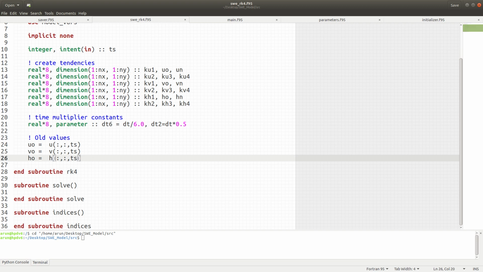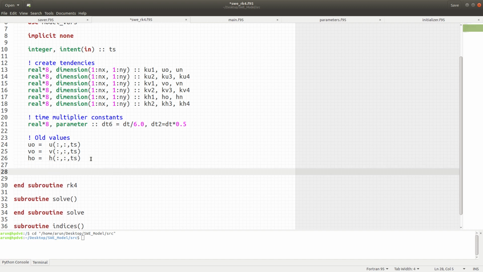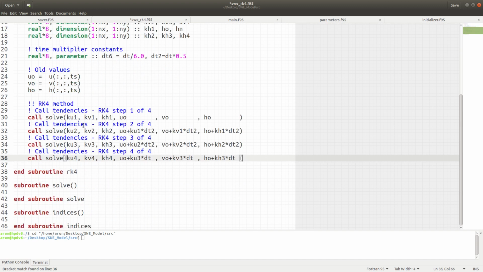So this is how it goes. I'm going to call the Runge-Kutta method. This is the slope function calculation for step 1, so this is RK4 step 1 out of 4. I'm going to give the inputs as U0, V0, and H0, and I'm going to get the outputs, the slope functions KU1, KV1, and KH1.